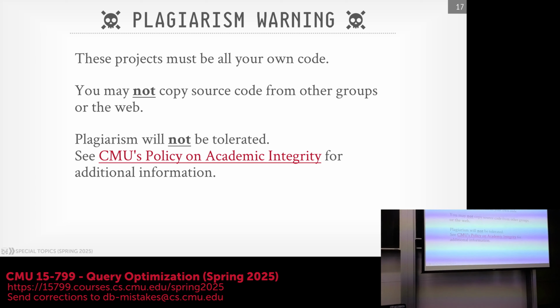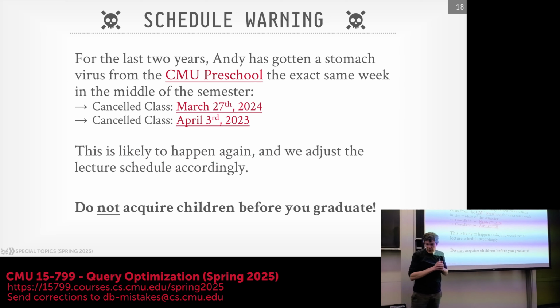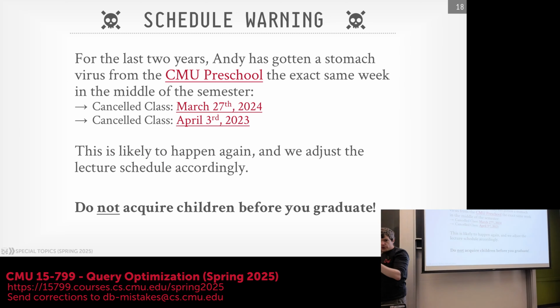You good? Okay. All right, and the last quick warning I want to give is that for the last 2 years, in the exact same week, the end of March, beginning of April, my biological daughter brings home a stomach virus from the CMU preschool. And I've gotten diarrhea almost exactly the same time every year.